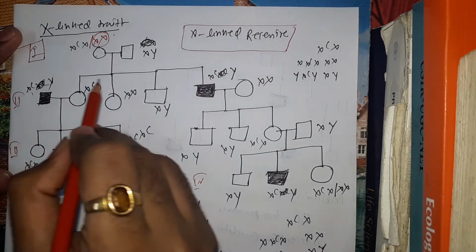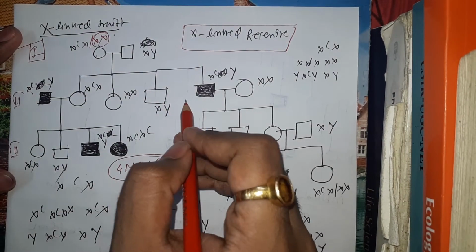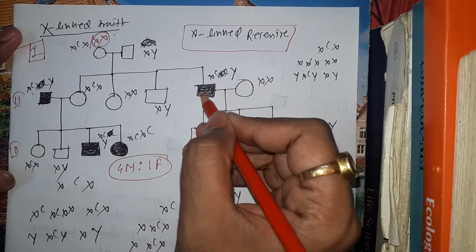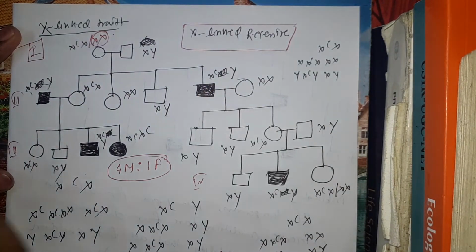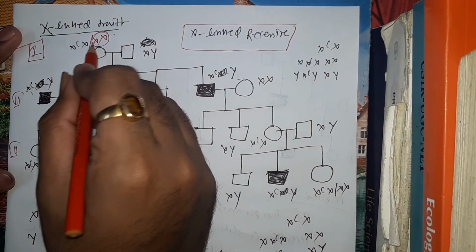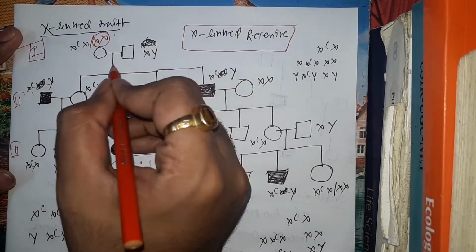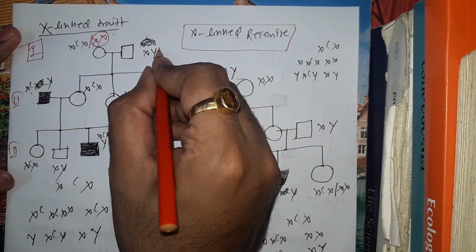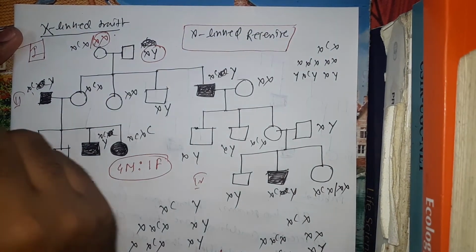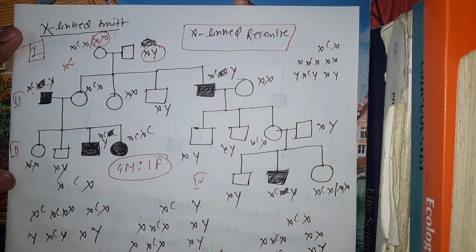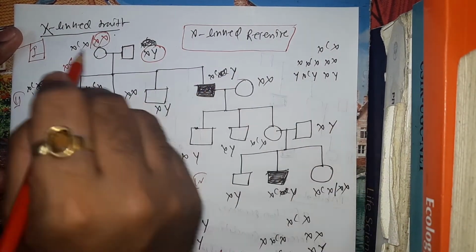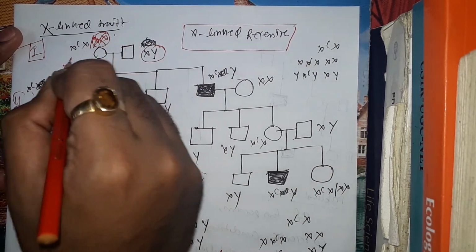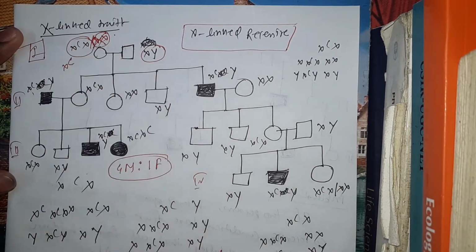For this you need to observe that they have a male child which is affected. So it is obvious that XX is not possible, because as the male is normal, that means the genotype is 100% XY, so there must be a supply of Xc that makes their son diseased, right? That means the mother's genotype will be XcX.